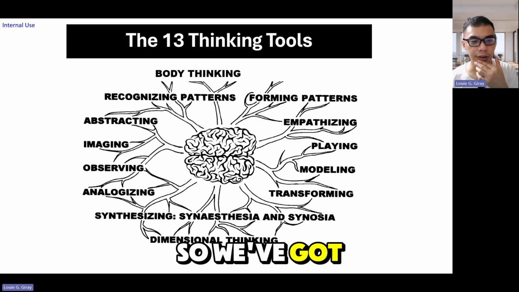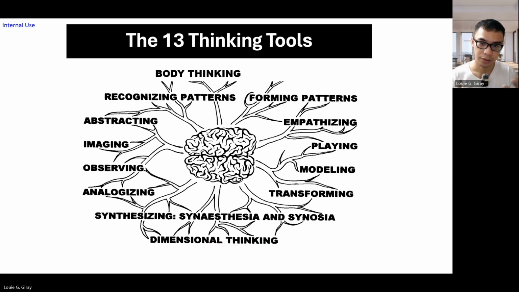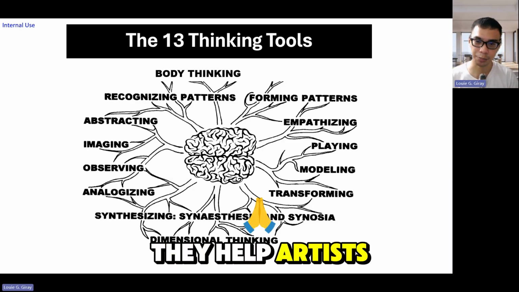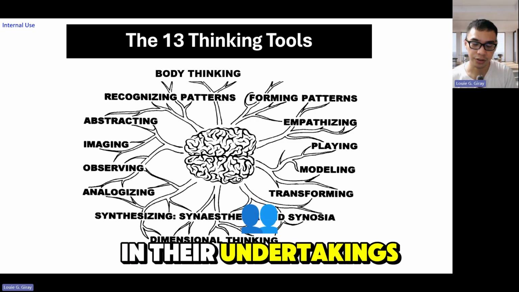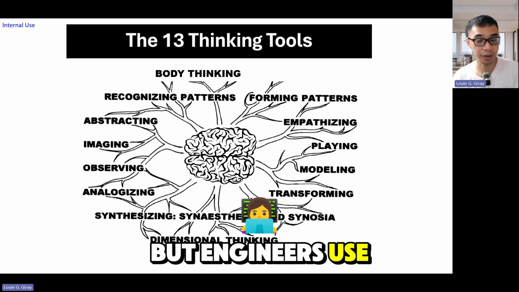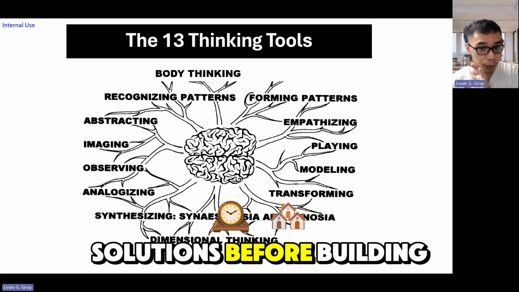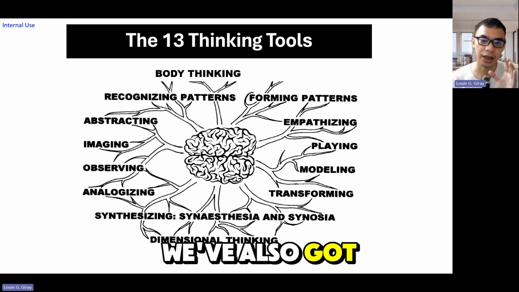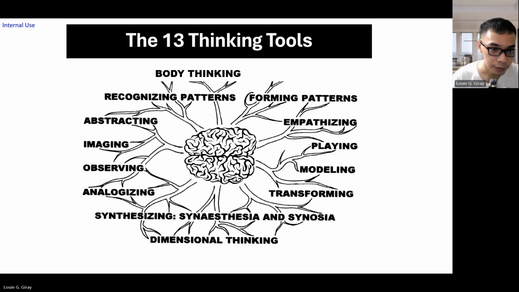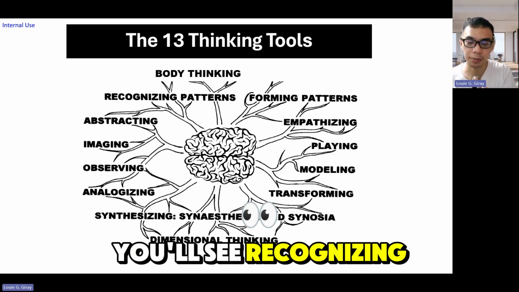So we've got here some examples: observing and imaging. Well, they help artists capture and reinterpret the world in their undertakings. But engineers use them as well, when they visualize solutions before building anything.